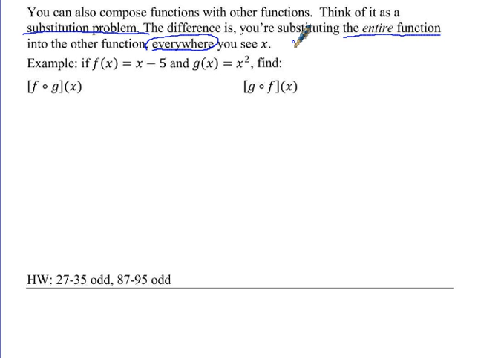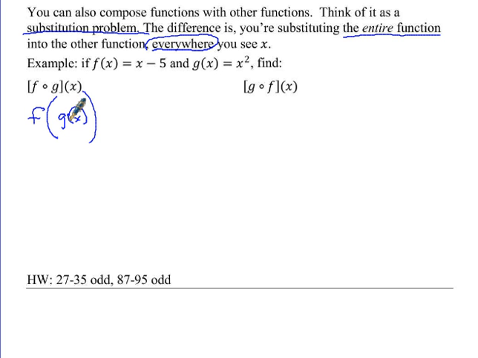So for example, we have f of x equals x minus 5, g of x equals x squared. Find f composed of g of x. Now again, f composed of g means f composed of g of x. The way that I've written this says take g of x and stick it in everywhere you see x.